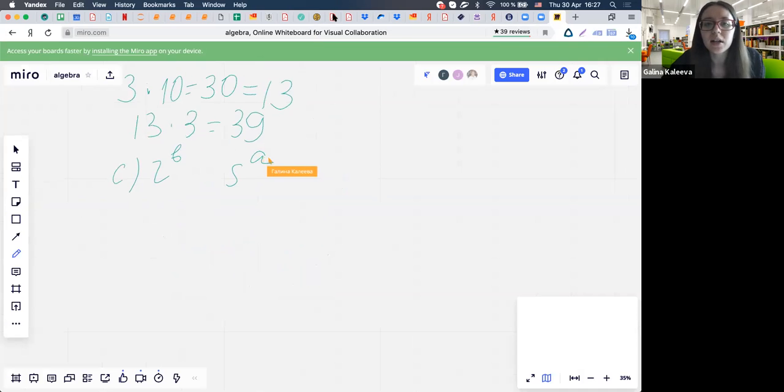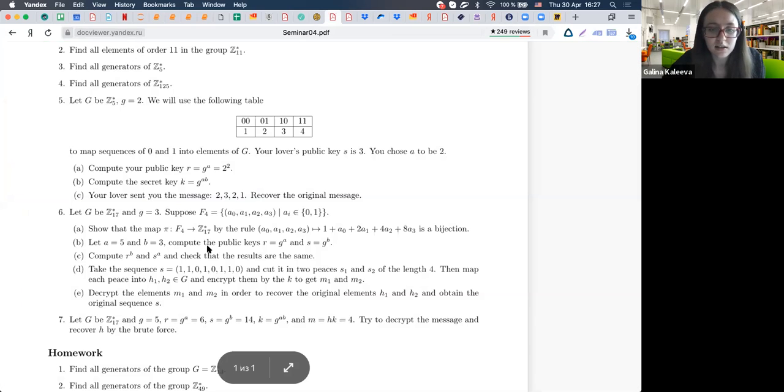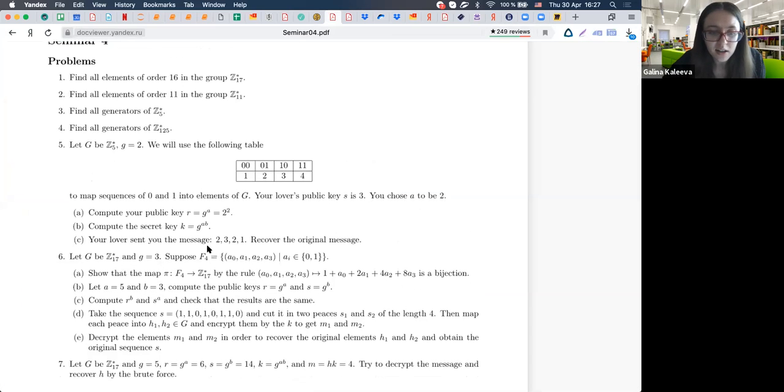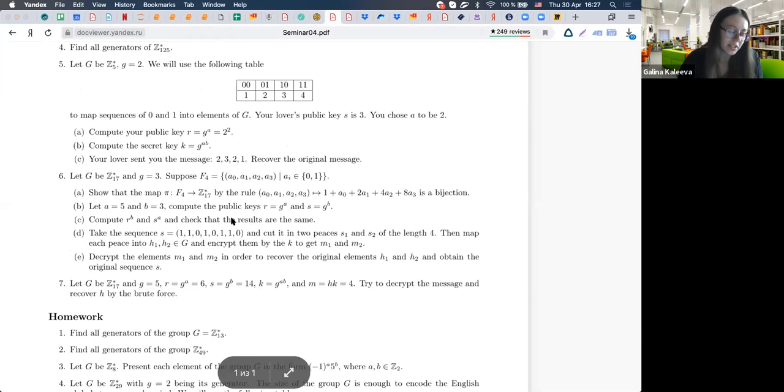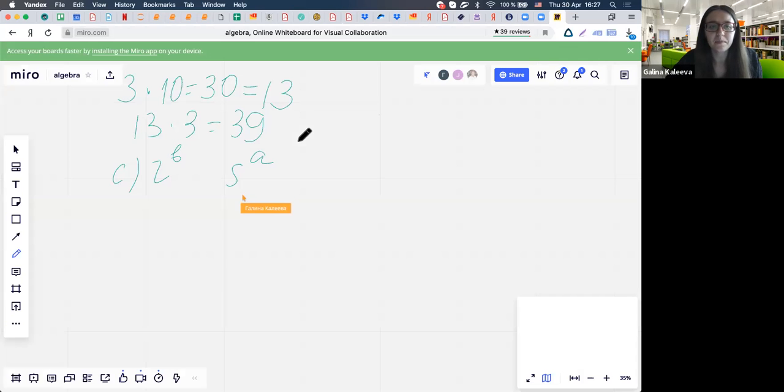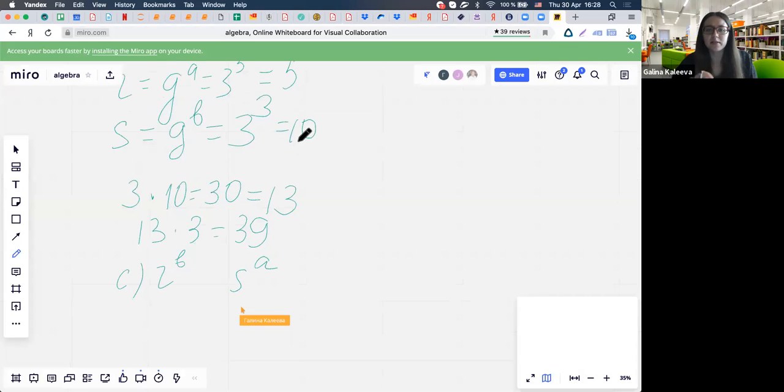Or maybe, it's a bit boring, but we need to encrypt the sequence. So how do you find r to the power b and s to the power a? Could you tell me the answer?